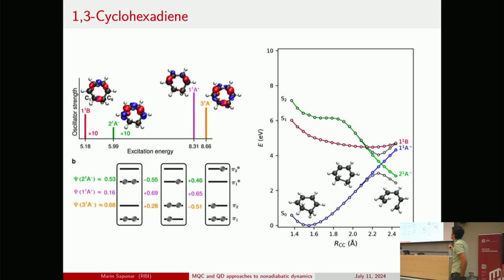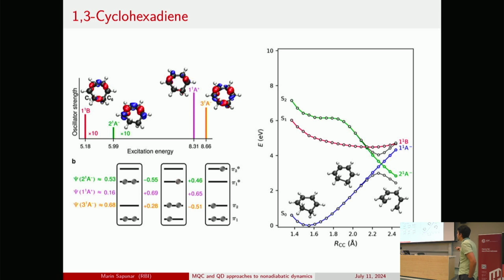So we look at more states. And we see this 3A state, which has the correct symmetry, and where this bond is depleted, so where the electrons are leaving from here. All three of these states are very mixed when you look at the determinants that compose them.